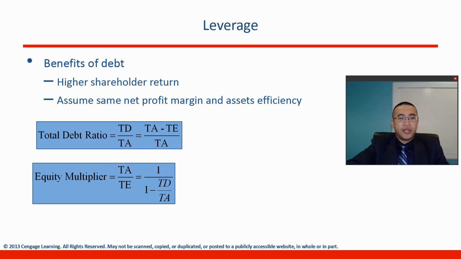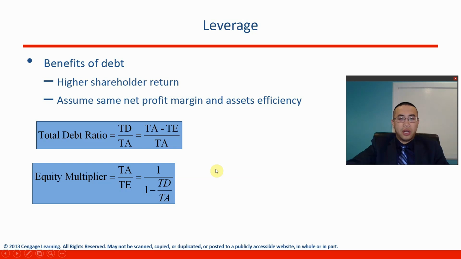In terms of measuring debt, we have the total debt ratio, which is debt divided by total assets. And you know that total debt is total assets minus total equity. You also have the equity multiplier, which is total assets over total equity. We're going to use this equity multiplier in a later DuPont analysis.